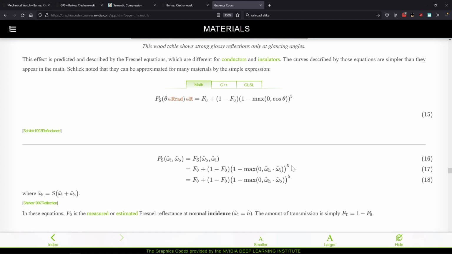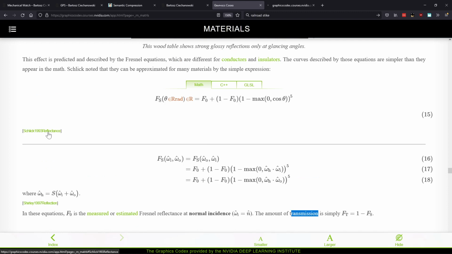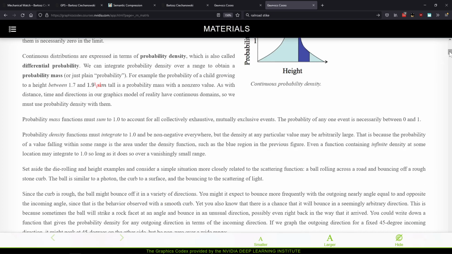And it's a curve, so we have our transmission, which is 1 minus F of s, and so I believe that's where this 1 minus comes from. Maybe. I kind of wish this was a link to the thing.